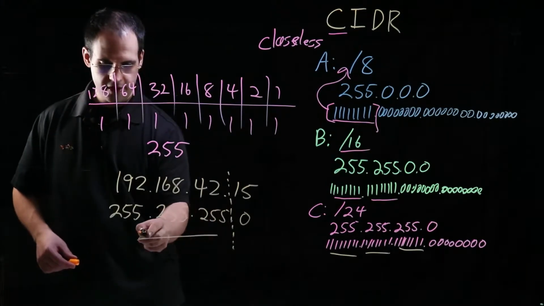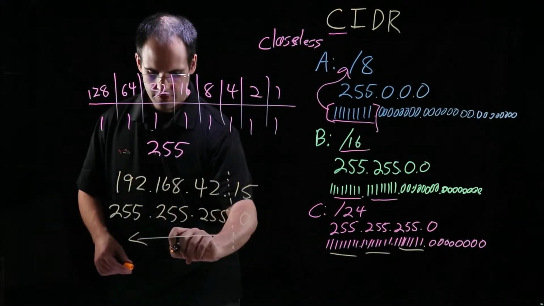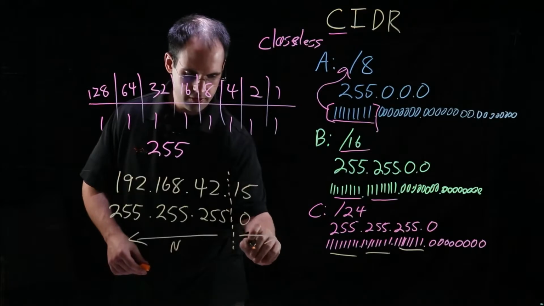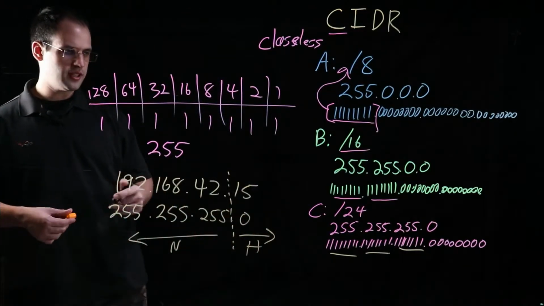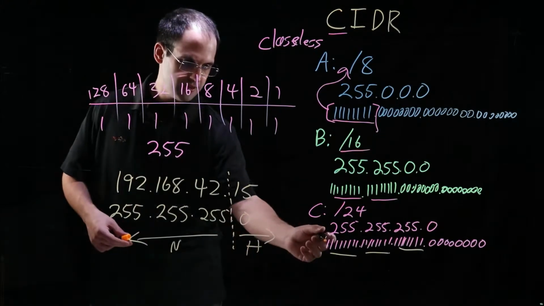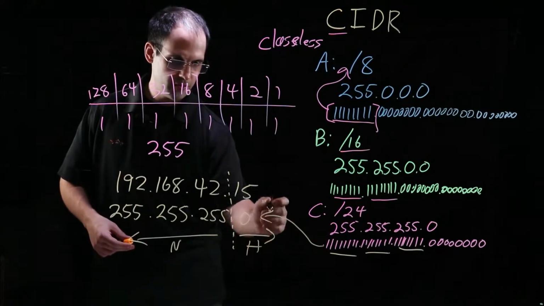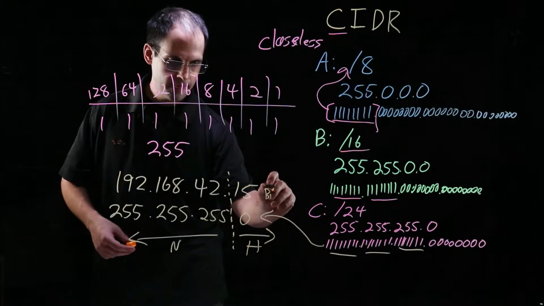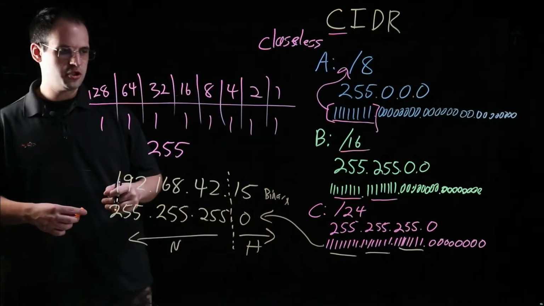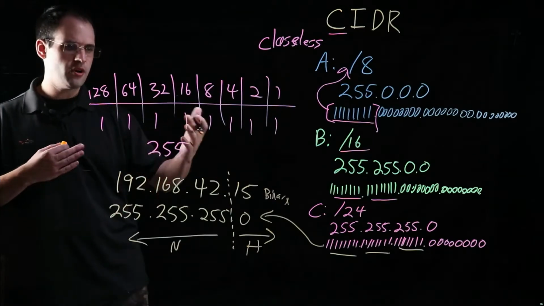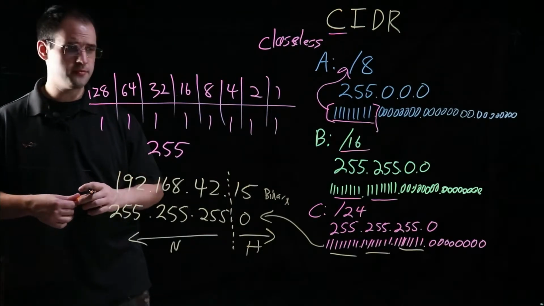And over this way is our network, and over this way is our hosts, all right? And we can start to look at and see that we can actually take these binary values here, and then we can do the binary of this guy, and we're going to be able to combine the binary values and then look at them and determine where our networks and where our hosts actually begin and end.